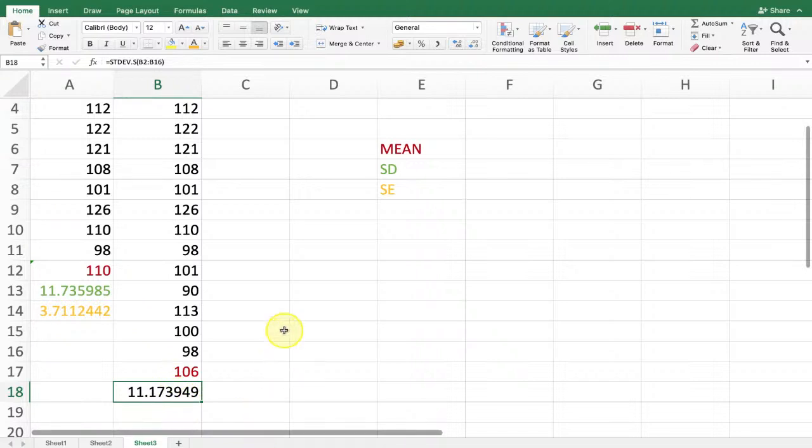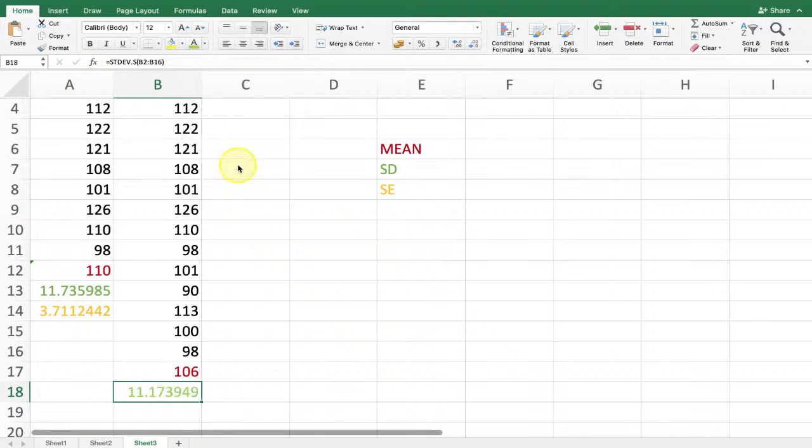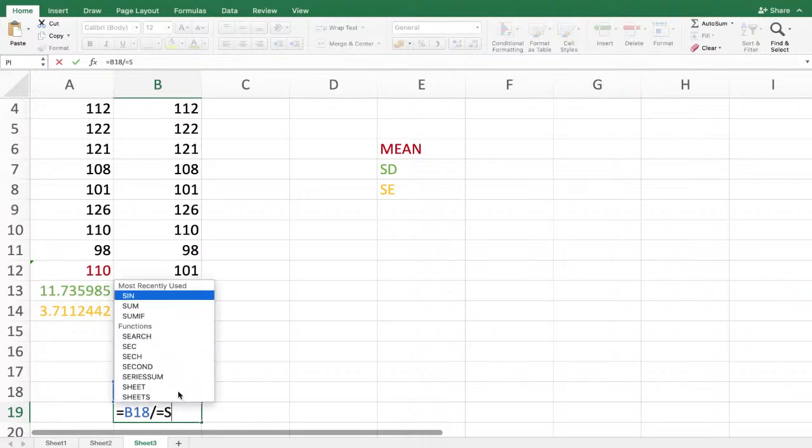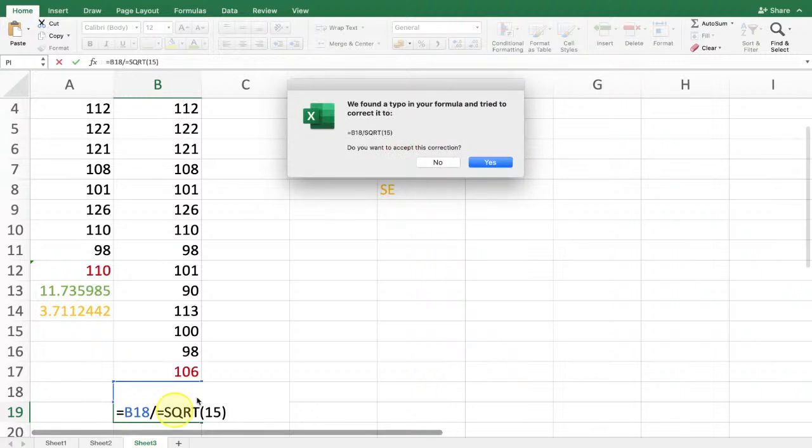Almost the same as the previous standard deviation. But let's look at the error. Will it vary? Again, the standard error is equal to the standard deviation over the square root, SQRT, of this time how many students? 15. Or how many observations? 15.